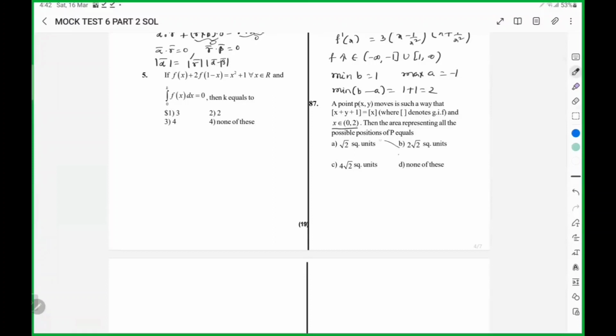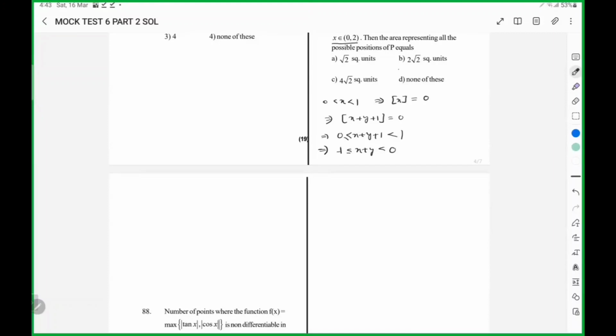Since it is a step function, I'll discuss in cases. x lies between 0 and 1, then step of x is 0. In such case, step of x plus y plus 1 is 0. That means x plus y plus 1 lies between 0 and 1, or x plus y lies between -1 and 0.